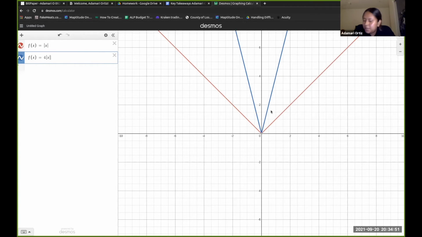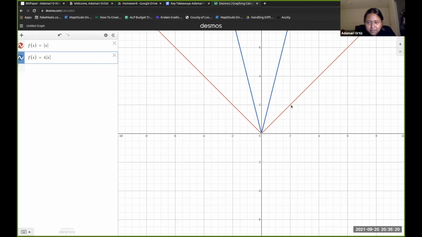So is it just because it's plotted on the 4? So the 4 does something to the absolute value of x. We know it's multiplying everything by what? 4. Right. So if you multiply everything by 4, the result of any number is going to be multiplied by 4.